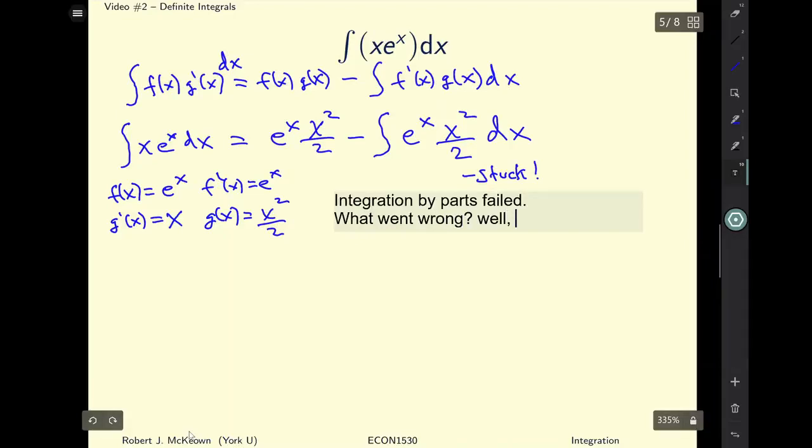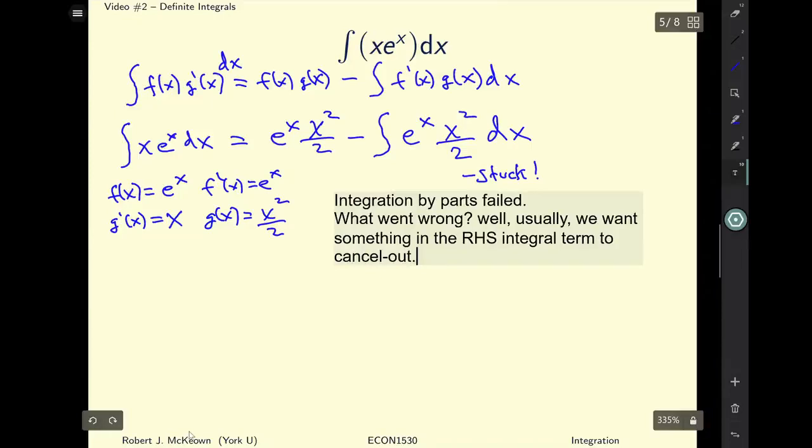Usually we want something in the right-hand side integral term to cancel out. You know, we want something to be divided by itself, or in general to be simplified.